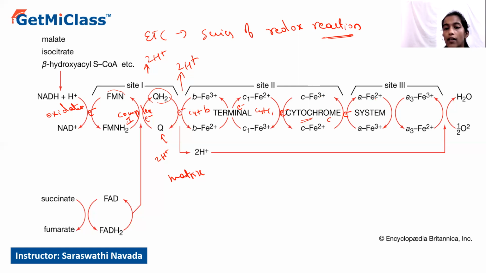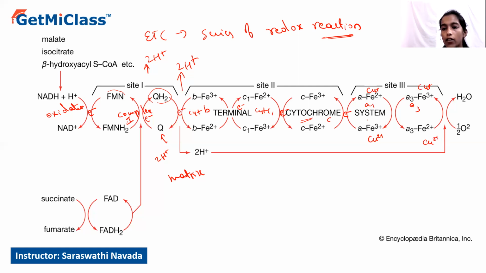In case of complex 4, actually copper ion will be there. So cupric ion will be present, which will be reduced into cuprous ion. Complex 4 consists of two cytochromes, cytochrome A1 as well as cytochrome A3. Both have cupric ions as a metal center.